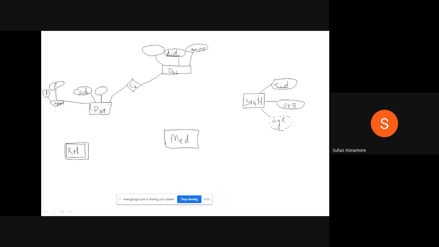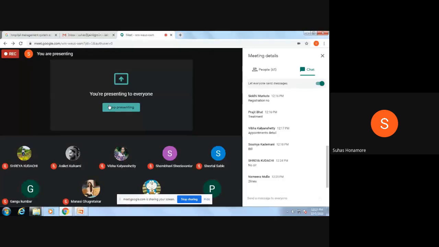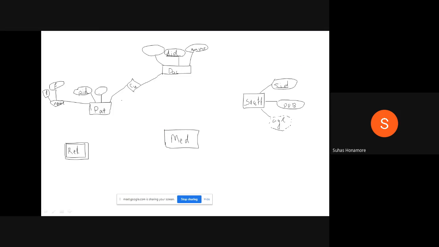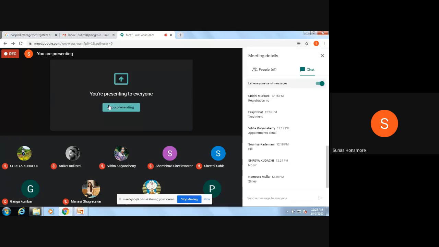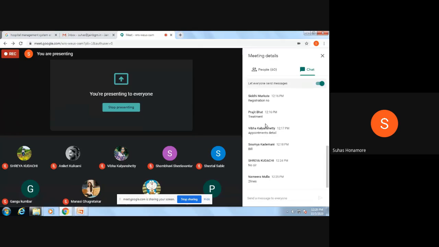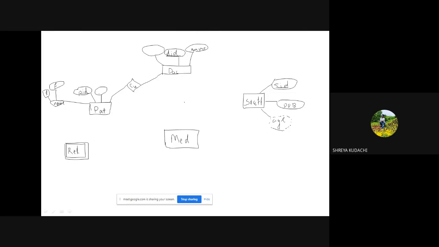Say it. Is the doctor dependent on the patient? Yeah, I feel yes, because based on patients only he's going to earn, right? So yes. Okay, it's okay.